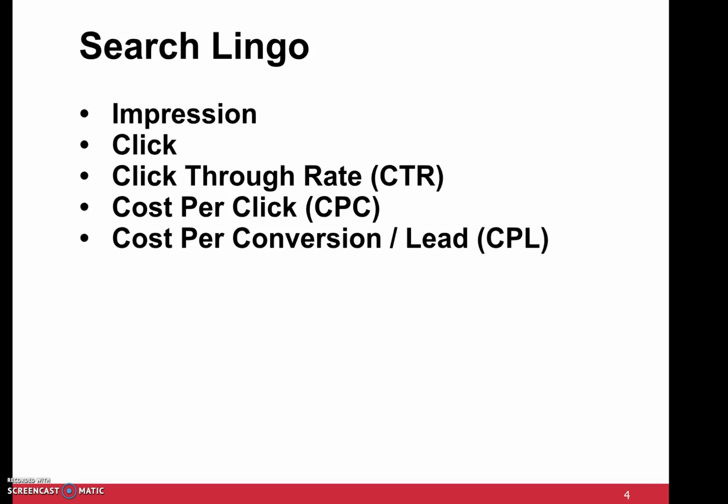Click-through rate, also known as CTR, is the rate at which an ad is clicked on in the search results page. Cost per click, CPC, is the cost advertisers pay search engines and websites for one click on their ad. CPL, cost per conversion or lead, is the cost an advertiser pays to drive a conversion or lead on their website. So not just to get the click, but to drive a conversion.